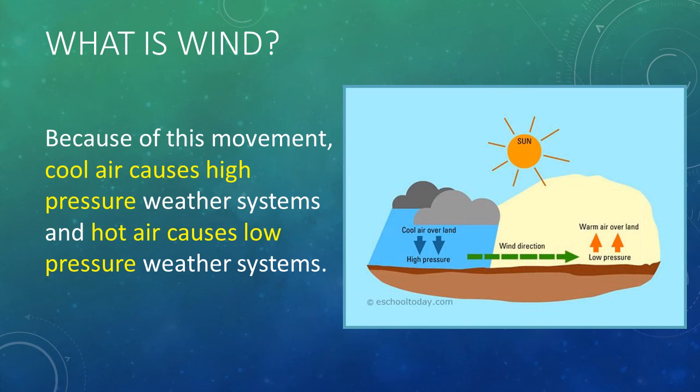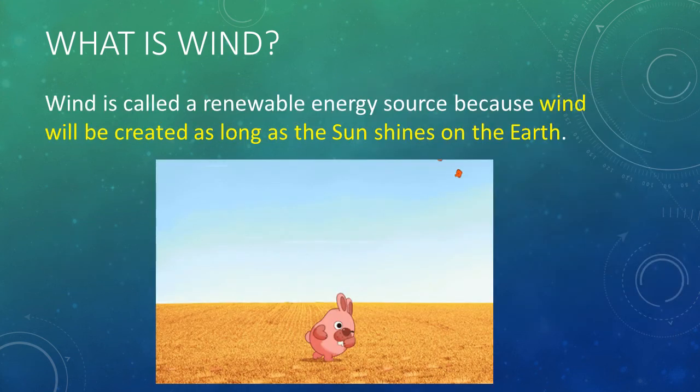And that's going to be how or why we need to capture the energy of that wind and use it to generate electricity. So we're going to see that some places and some times of the year, let's say even, are more effective at capturing that wind than others. But we'll dig into that as we move forward.